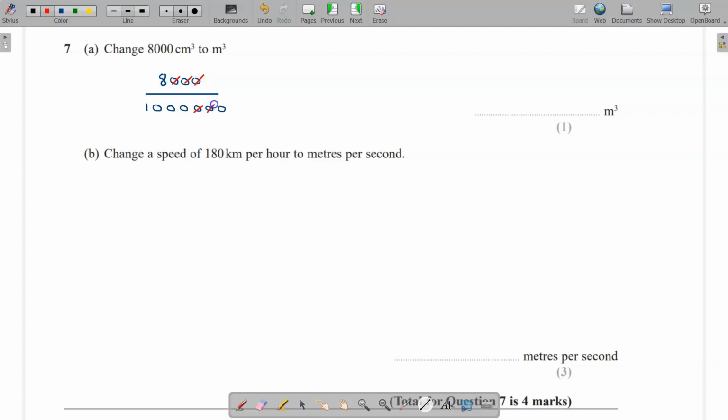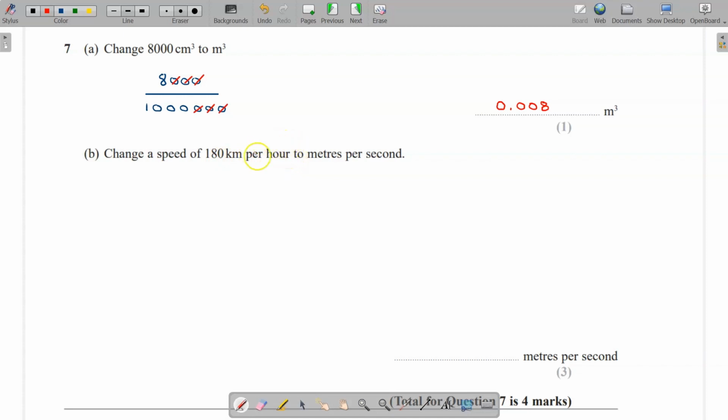Take 3 of those out, so we get 8 over 1,000. Okay, now 8 over 1,000 is 0.008. Okay, cubic meters.